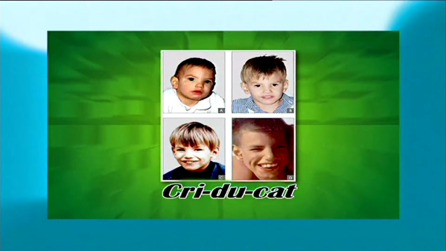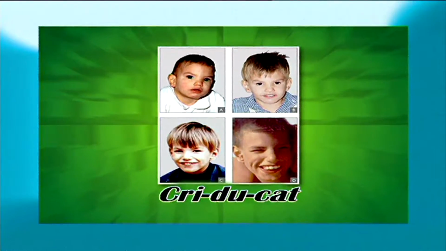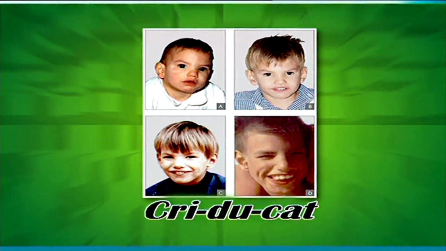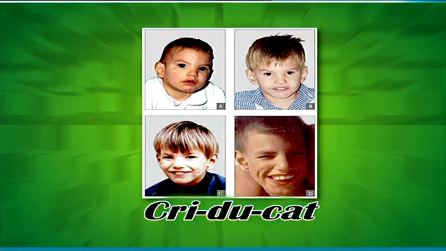Children with cri-du-chat syndrome are severely mentally retarded, have a number of physical abnormalities, and cry with a sound like the meow of a cat. Hence the name, which is French for cry of the cat.